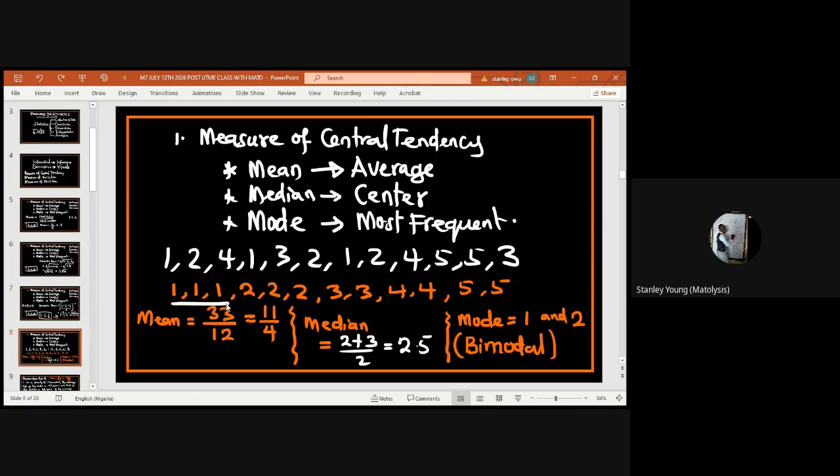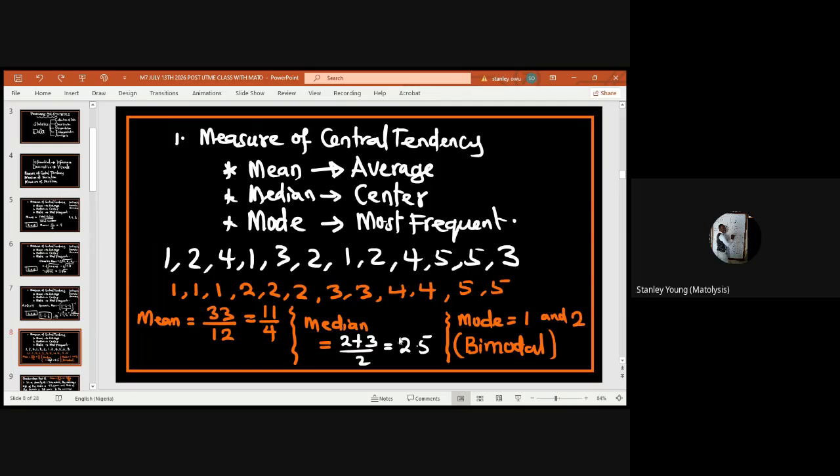That's 3 plus 6, that's 9. 9 plus 6, that's 15. 15 plus 8 gives you 23. 23 plus 5 plus 5 gives you 33. 33 divided by 12 is the same thing as 11 divided by 4.